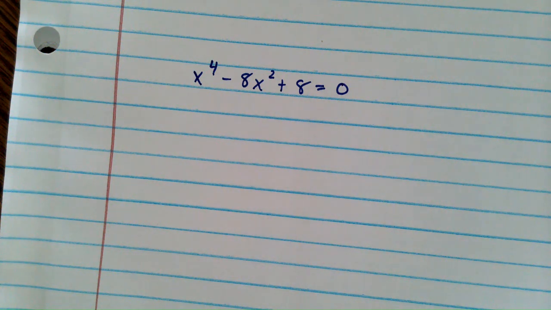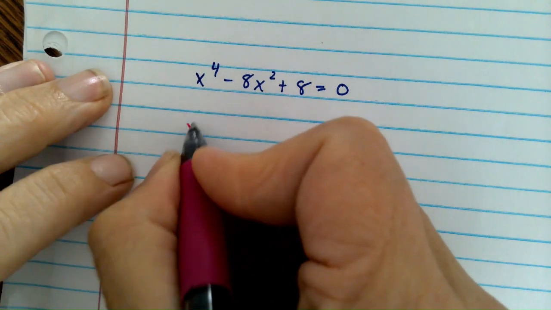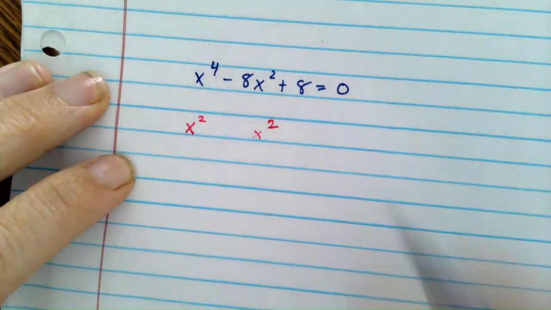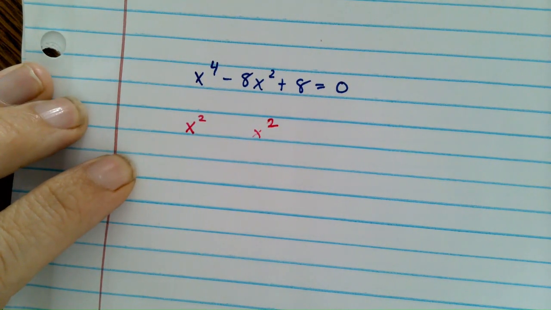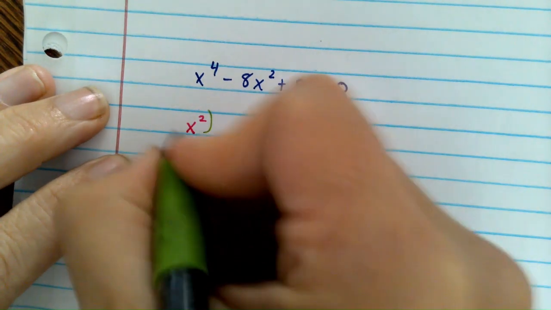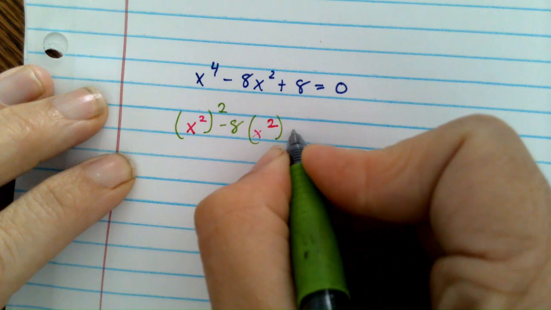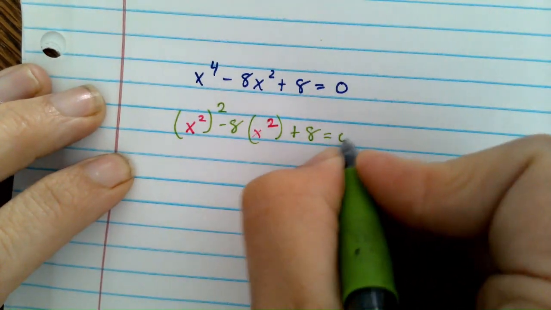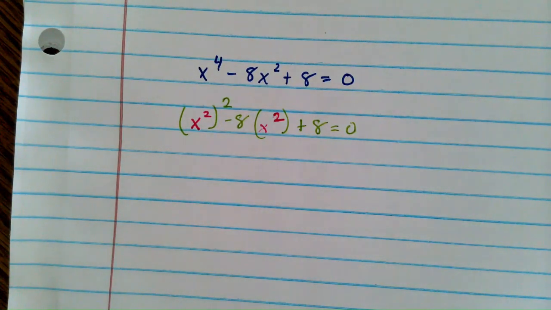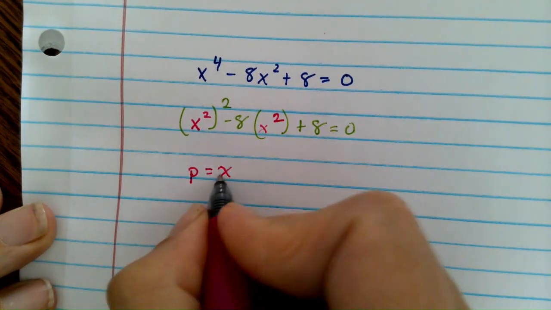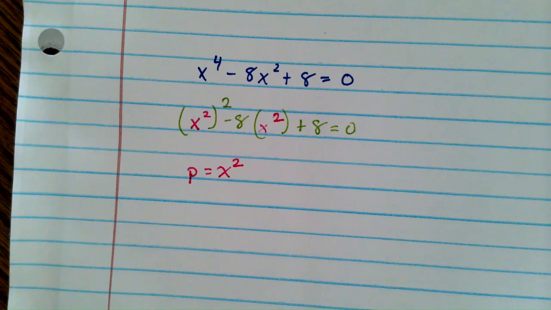I'm going to rewrite this problem as x squared. I'm writing that in pink on purpose. So instead of everywhere I have pink being x squared, I'm going to change that.